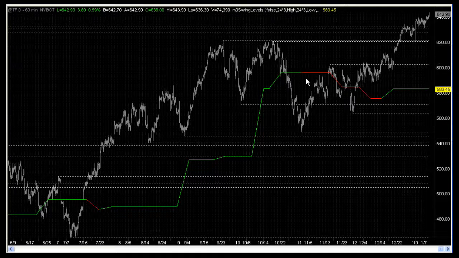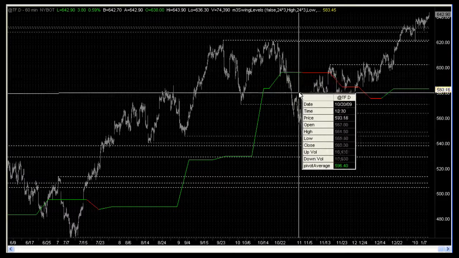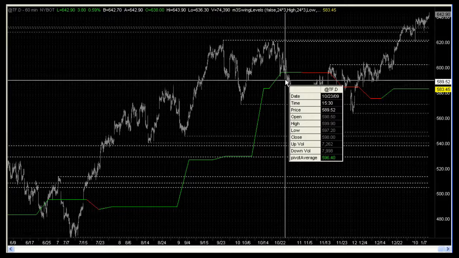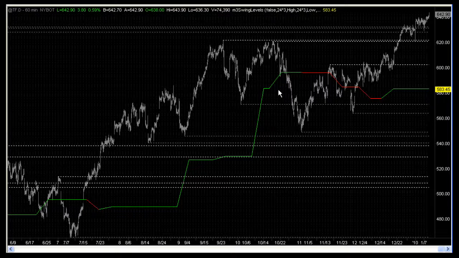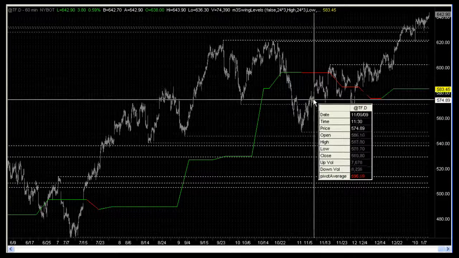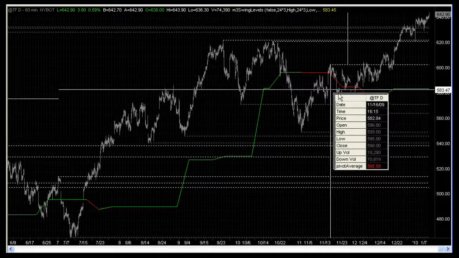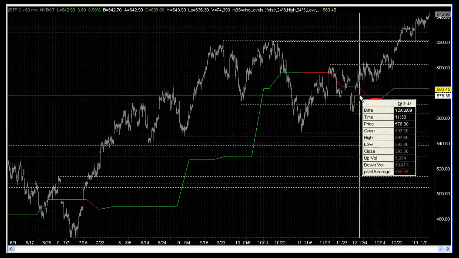Now how I use this to determine that I'm in chop is basically when I have symmetry moving up and price goes below that level indicated by the direction of symmetry, that is counter trend chop, usually consolidation. However, when price is below and symmetry is now pointing down, that may be a downtrend.